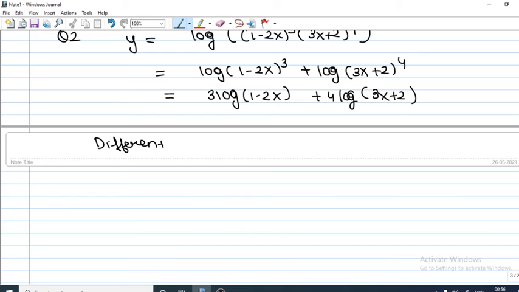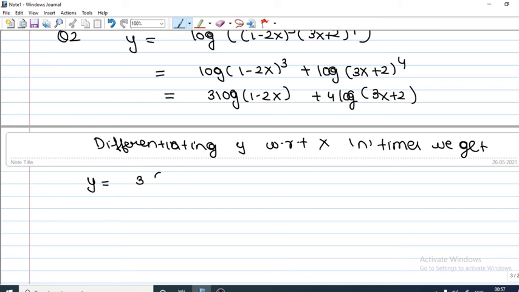Differentiating y with respect to x n times, we get 3 as it is, minus 1 power n minus 1, n minus 1 factorial into a power n. Here is one place where you can get stuck: what is a?